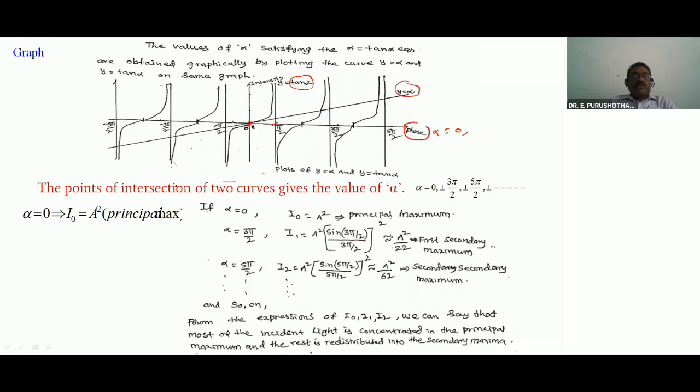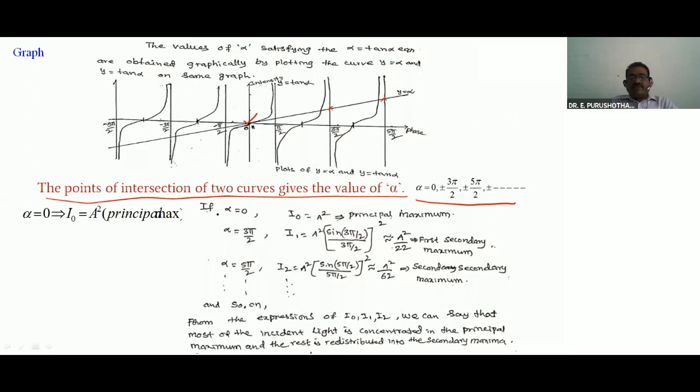The points of intersection of the two curves give the values of alpha. Alpha values from the graph: alpha is equal to 0, 3 pi by 2, 5 pi by 2, 7 pi by 2, and so on.